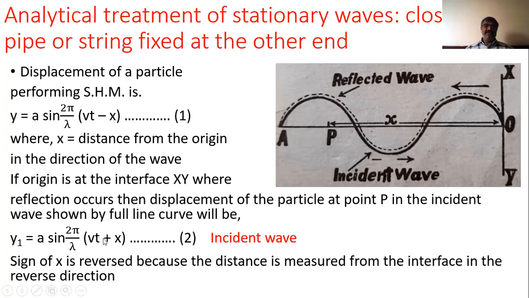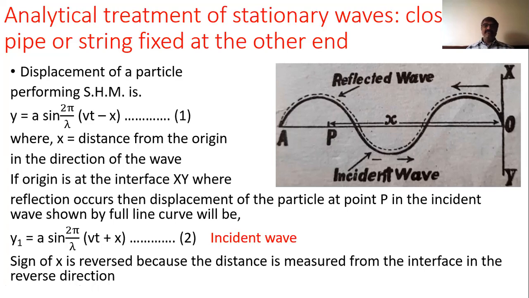So that's why the sign of x has been reversed from minus x to plus x. So this will be considered as the expression for the incident wave. Remember that the sign is reversed because we are measuring the distance x exactly in the opposite direction to that of the direction of progression of the wave.